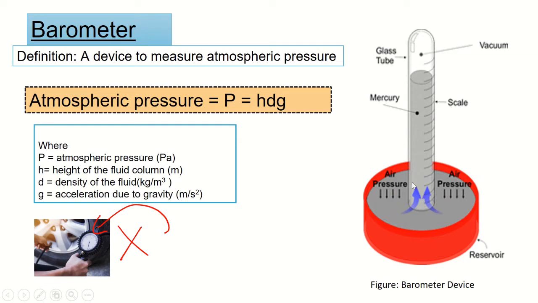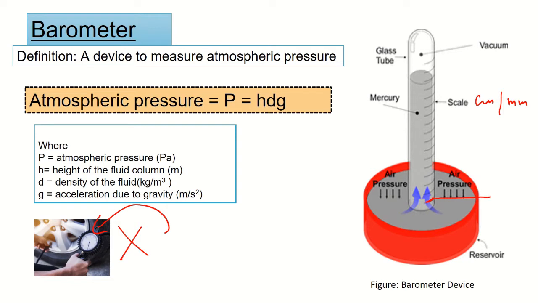Here there is a scale present, and this scale is sometimes in millimeters, sometimes in centimeters, or sometimes given in both units. Let us suppose the scale starts from here. This is the first marking.